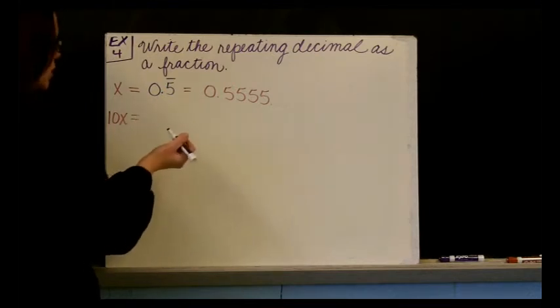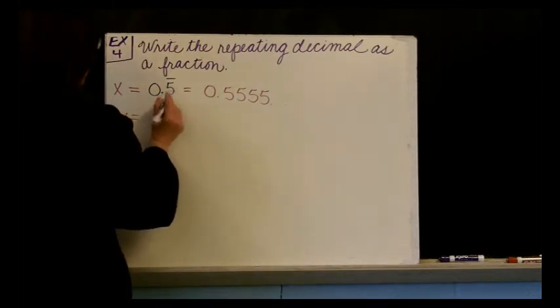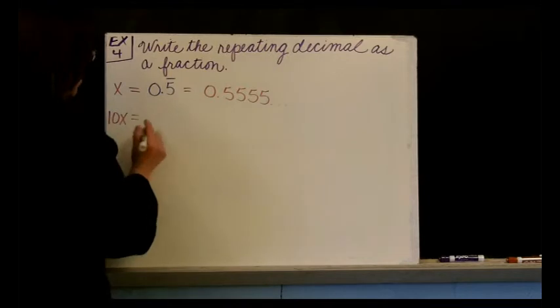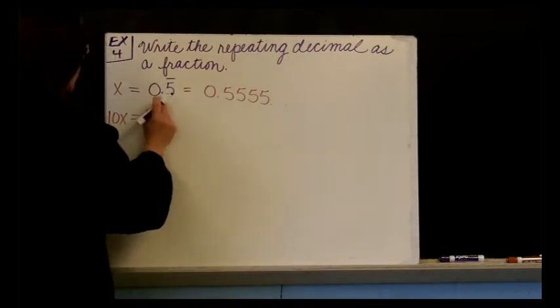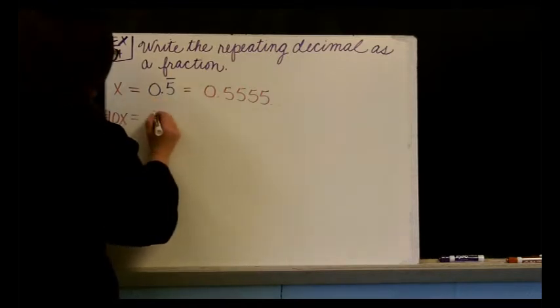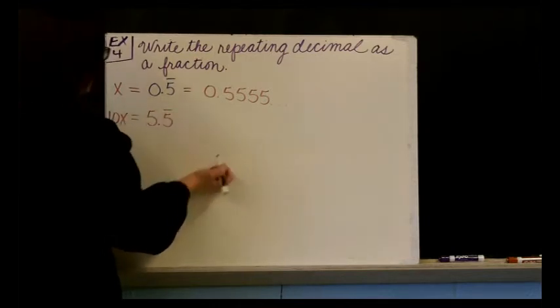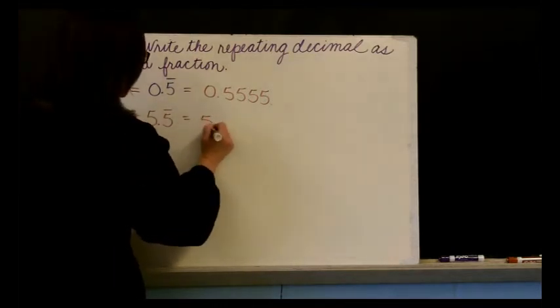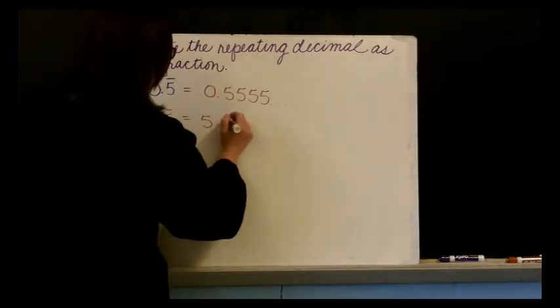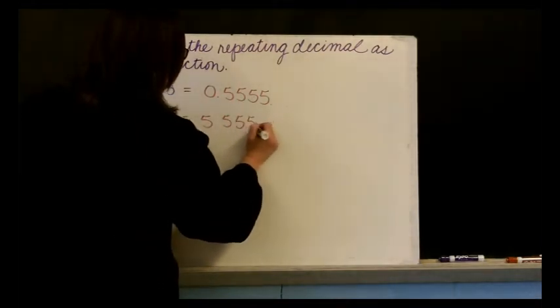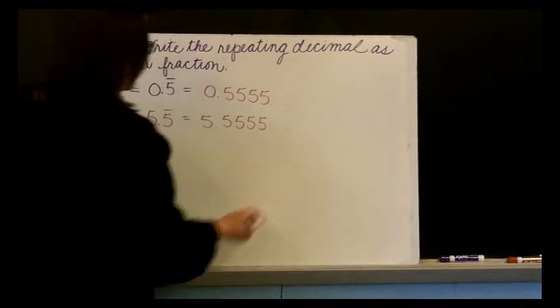Remember when you're multiplying a number by 10, you move the decimal point over to the right once. So instead of 0.5555, we end up with 5.5 repeated, which, just to be very clear, is 5.555 into infinity.